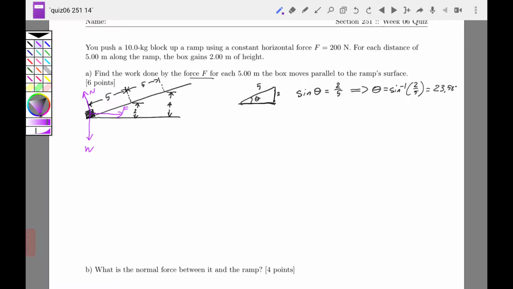So the easiest way, how shall we do this? What we could do, we could use a rotated coordinate system, where straight up and down was the unrotated coordinate system.